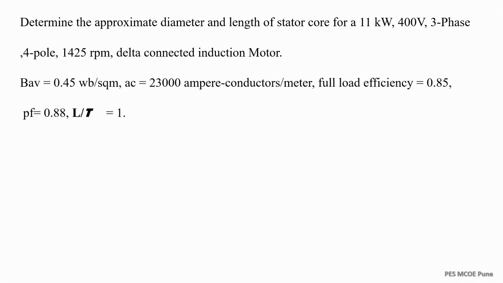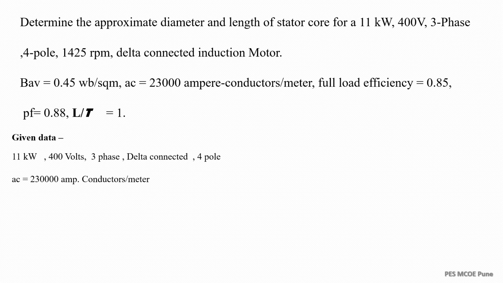So we'll take all given data, that is 11 kilowatt 400 volt three-phase induction motor for 4-pole machine. Also we are taking electrical loading, that is AC is equal to 23,000. Okay, sorry, here is a printing mistake.